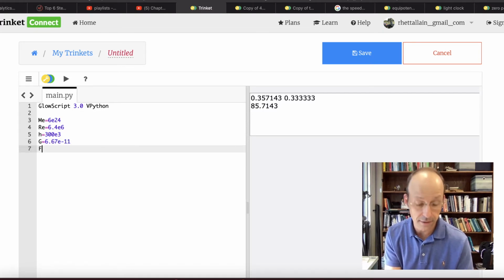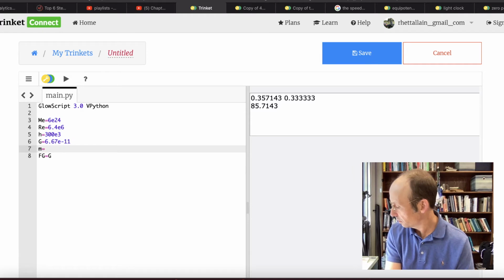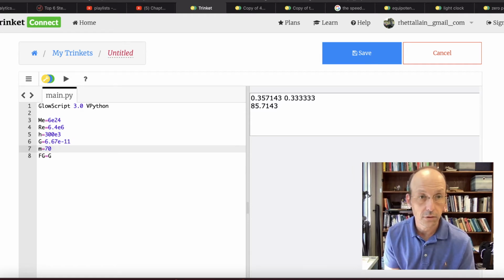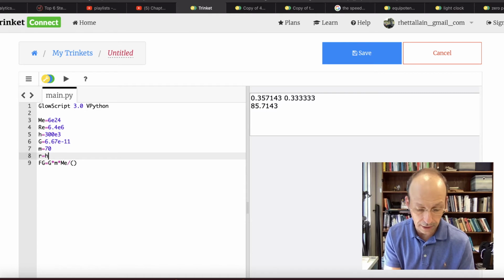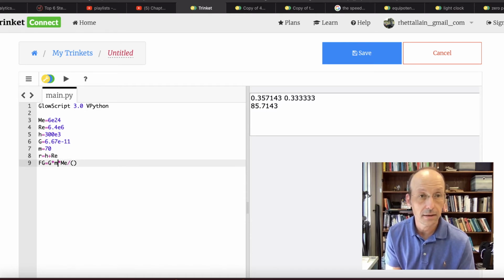And so now let's say FG equals G times M times the mass of the Earth divided by R squared. Oh, I need the mass of the astronaut: M equals 70. I could do R equals H plus RE, and then R squared.